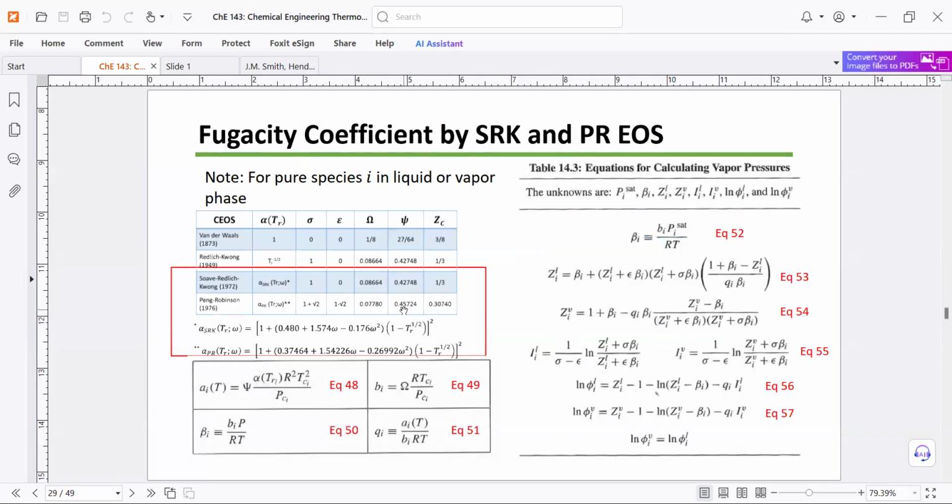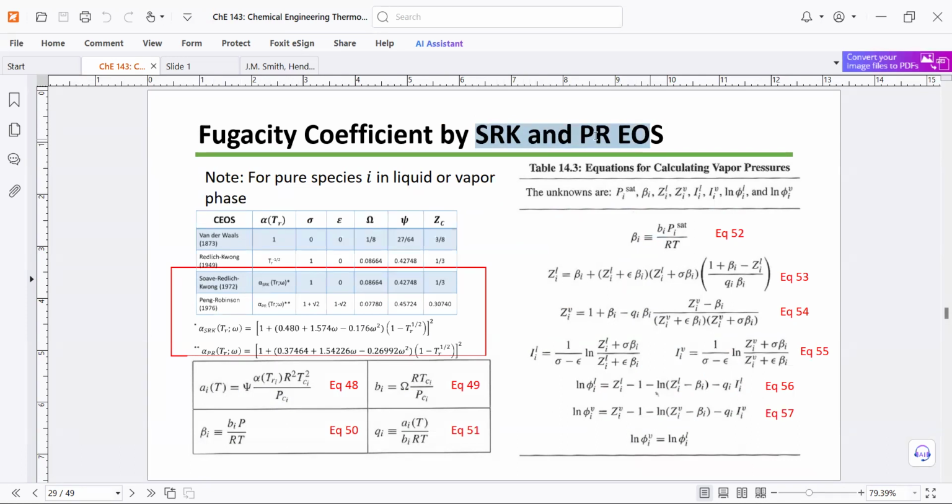Now, let us discuss how we can use the cubic equation of state to calculate the fugacity coefficient. Among the cubic equations of state, we are interested in Soave-Redlich-Kwong and Peng-Robinson equations.